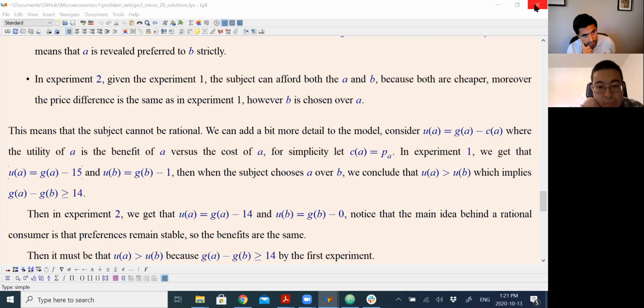Mm-hmm. And when the actual price equals 0, then for people that have an attention equal to 1, they will buy the free product, because in that case the subjective price equals the actual price, which is 0.